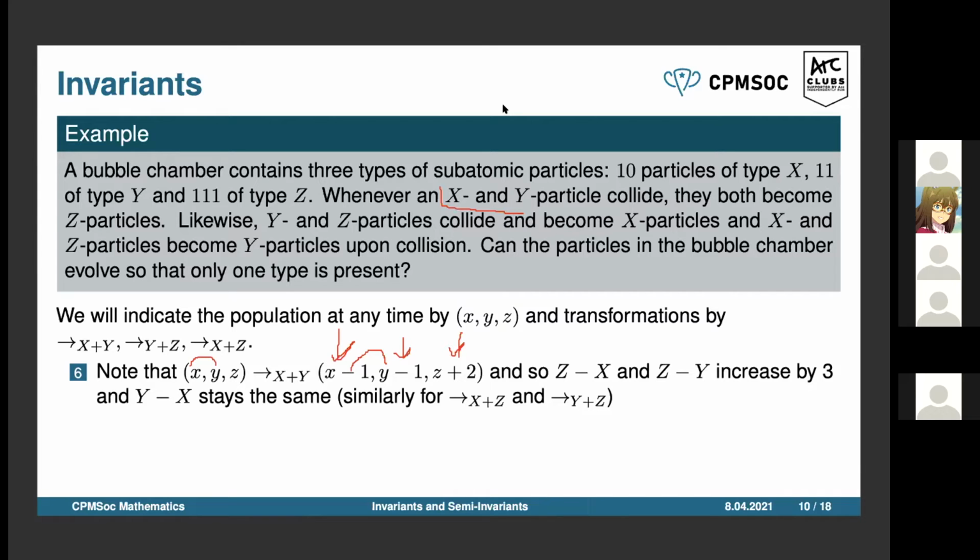Remember, x and y's give you 2 z's, y's and z's give you 2 x's, and x and z's give you 2 y's. So you can use the exact same argument for the y and z collision and the z and x collision. That could help speed up your solution.